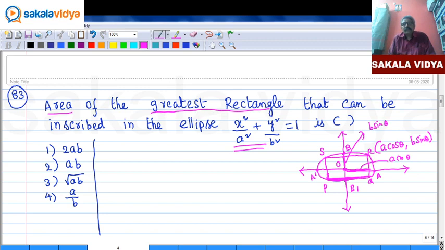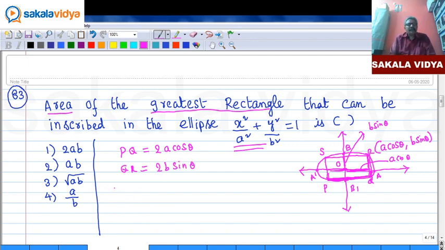Now length of the rectangle is equal to PQ, this is A cos theta, this is also A cos theta, 2A cos theta. Now breadth is QR. QR is equal to B sin theta, this is also B sin theta, 2B sin theta.